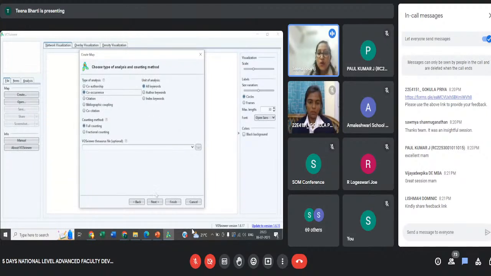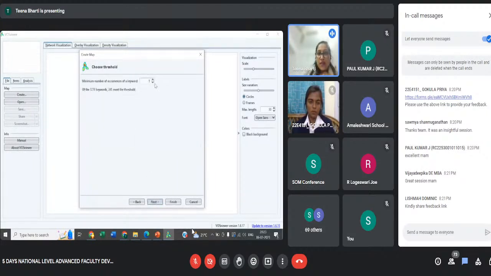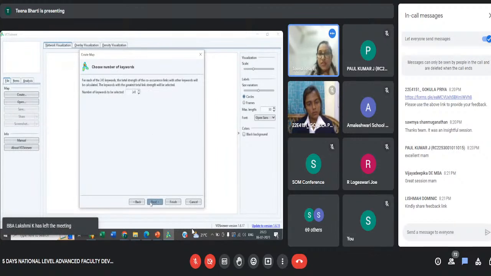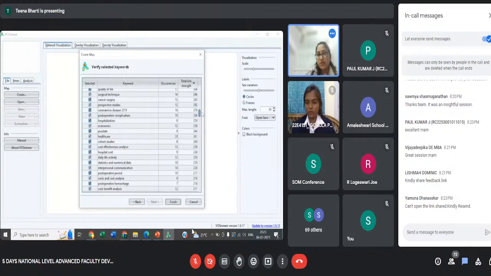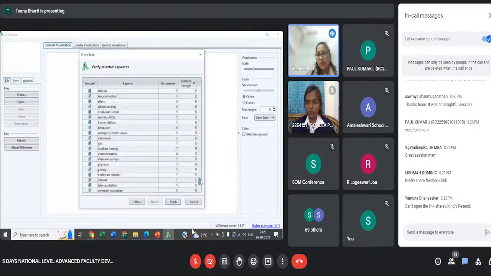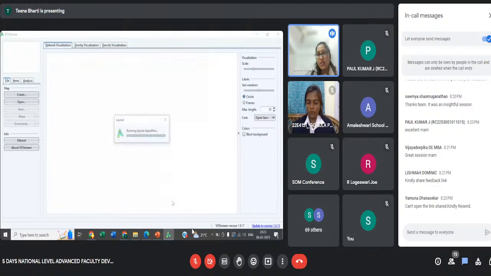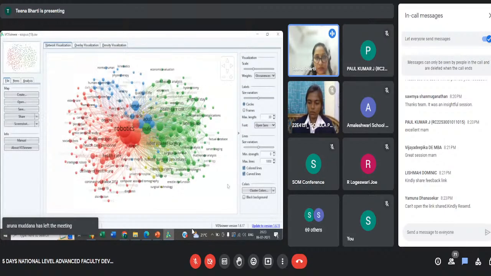So I have chosen all keywords, and it shows the minimum number of occurrences of a keyword. I have just given 5. You can change it, right? It says that there are 245 keywords which have repeatedly occurred. It will give you a list. Now when I finish it, can you see? This is how it has created.